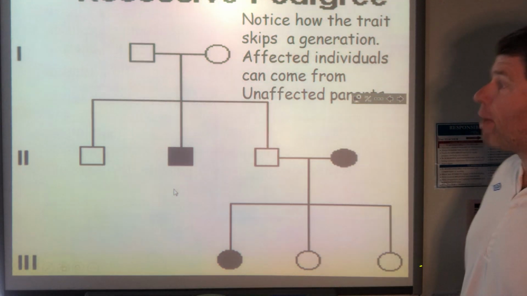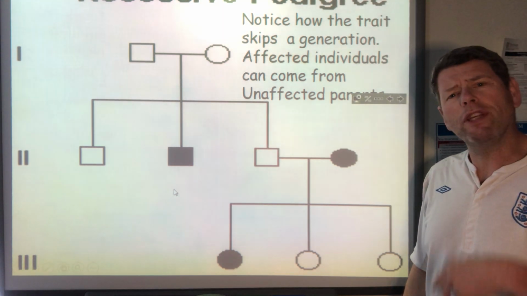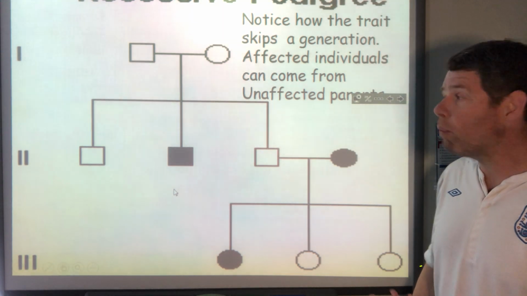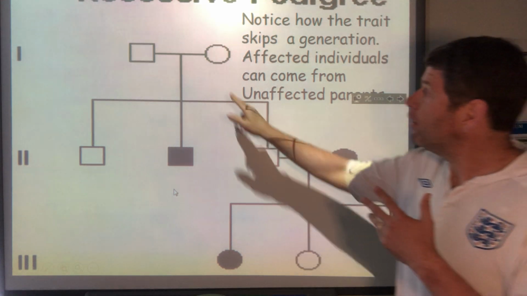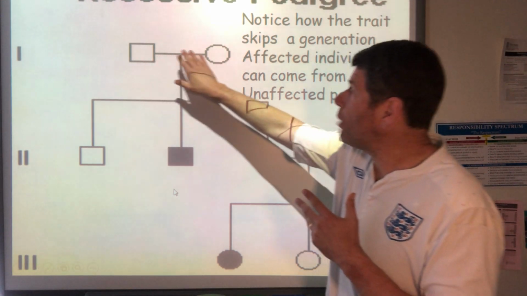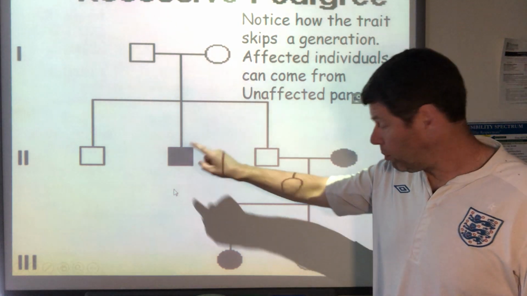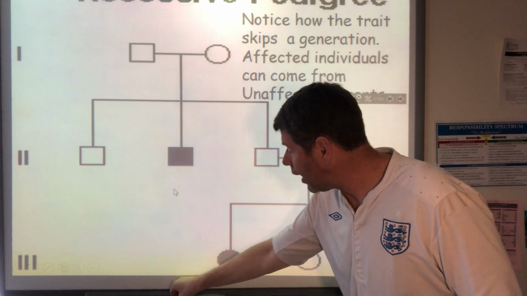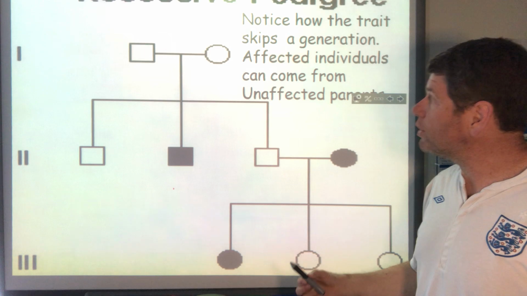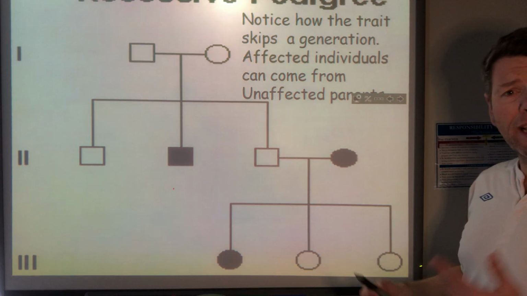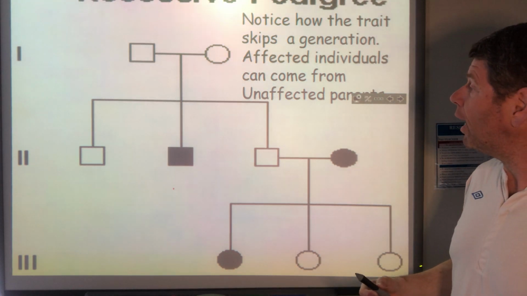This is a recessive pedigree example. Now, how do we know it's a recessive pedigree example? Well, we can see that these two normal parents have an affected offspring. Now again, we could put in some genotypes and phenotypes. So let's take something like tongue rolling, for example.